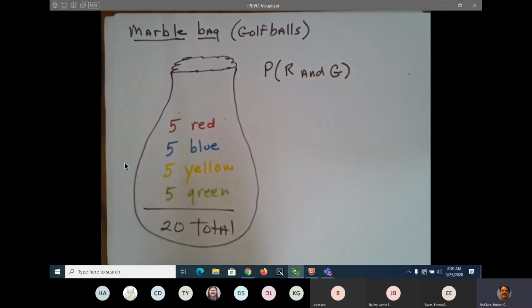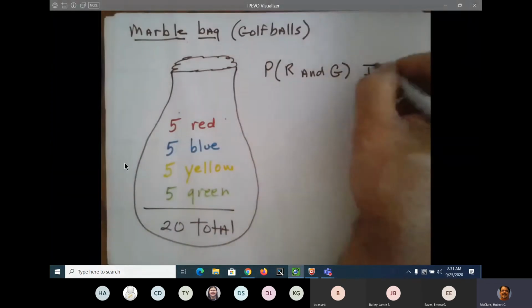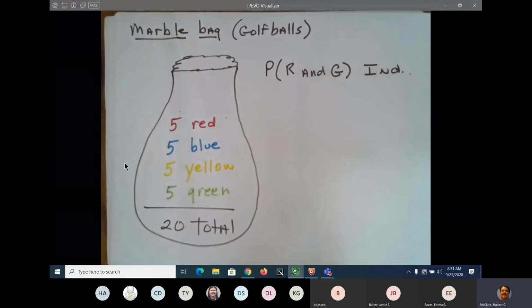Okay, a red and a green. Then you would take the probabilities, and of course, it would matter if it says with replacement. So it would say independent, with replacement, and you would go ahead and do the math.